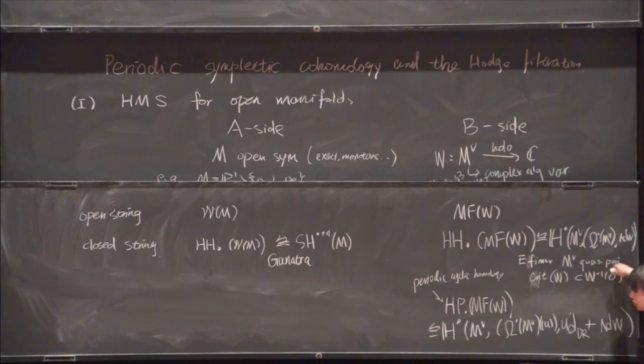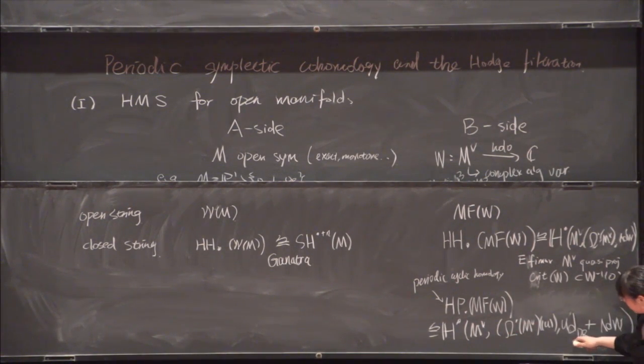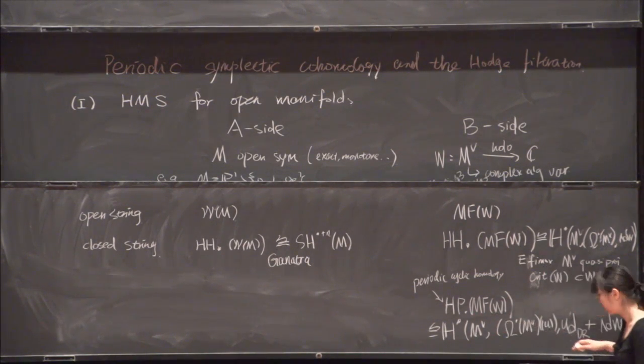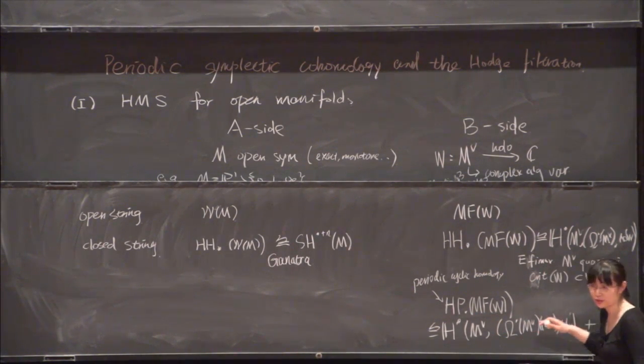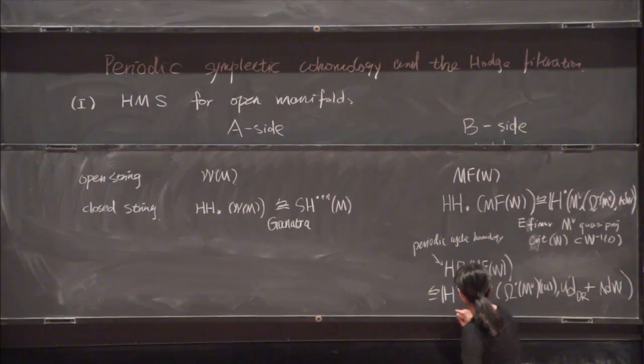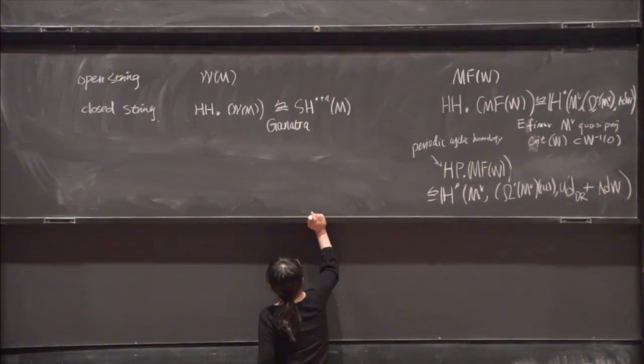So again, if you don't have a superpotential, this is the holomorphic de Rham complex of M, and after taking this differential it becomes the usual de Rham cohomology of the underlying manifold. So that's the general story here.